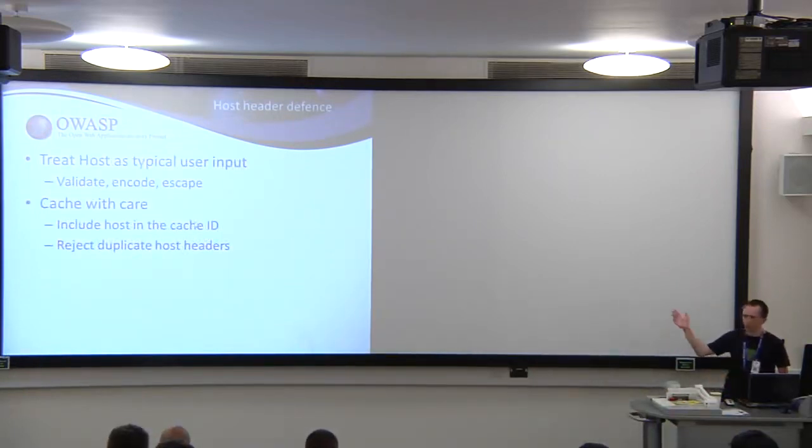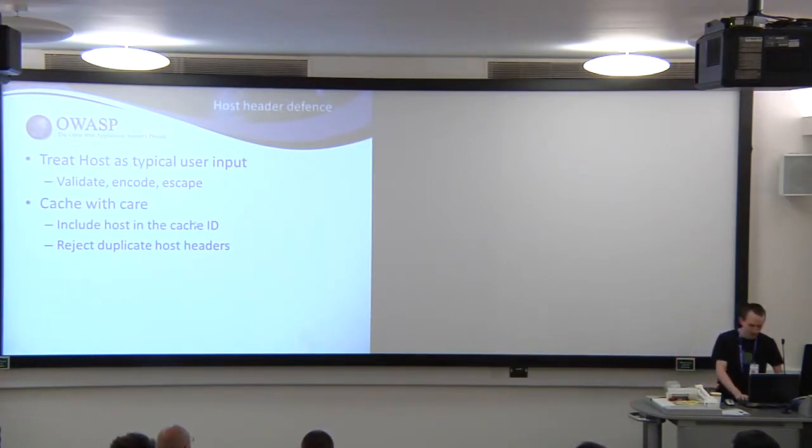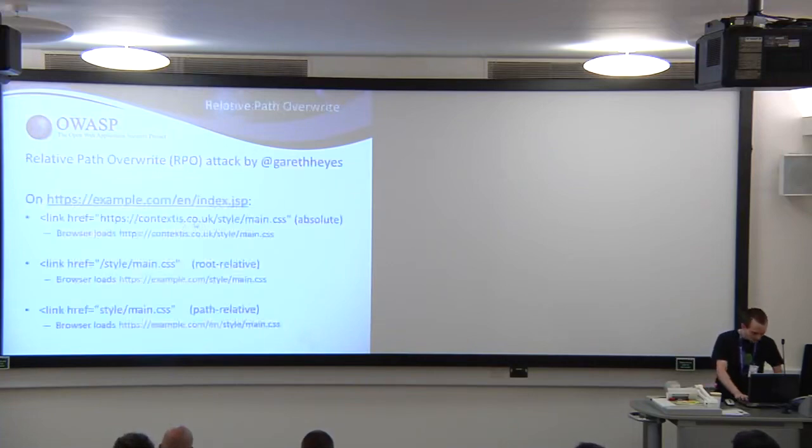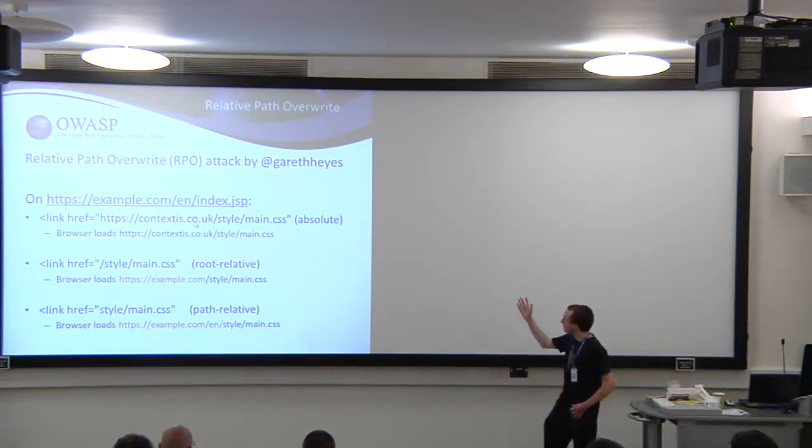Also, obviously, the host header is user input. It should be treated as such, and caches should always pay attention to it, and reject requests that have multiple host headers. A naive way to deal with this technique is to use relative links. Relative links can backfire, as Gareth Heyes reported fairly recently.